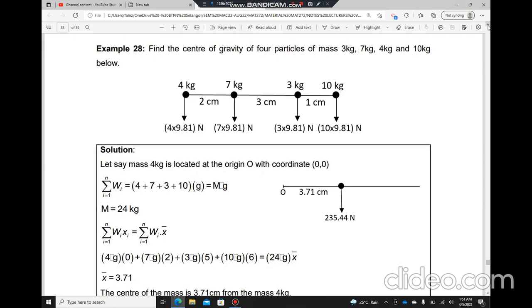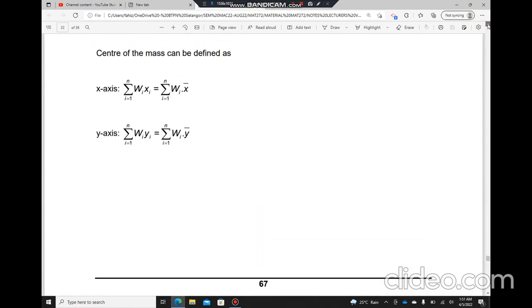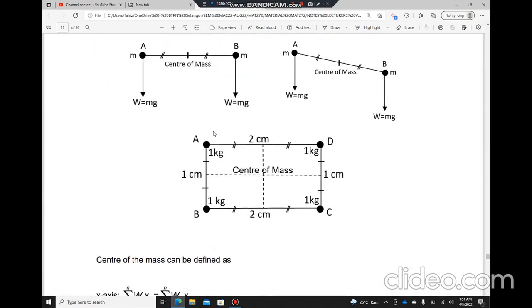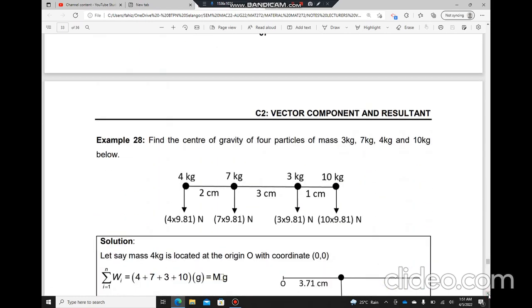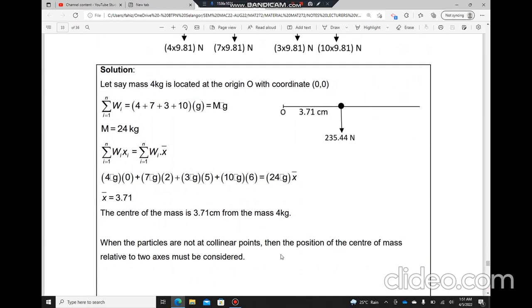Dia berbeza kalau yang ni awak kena kira X and Y. Kalau bentuk ni, kalau figure yang ketiga ni awak kira X and Y, sebab kita tengok pada kedudukan dia ada koordinat X and Y, but this one dia just consider X. So that's why kat sini saya cuma kira X. So X equals to 3.71. So the center of the mass is 3.71 from the mass 4 kg. Sebab kita tengok pada 4 kg sebab located at origin.